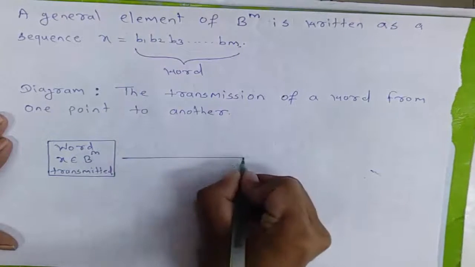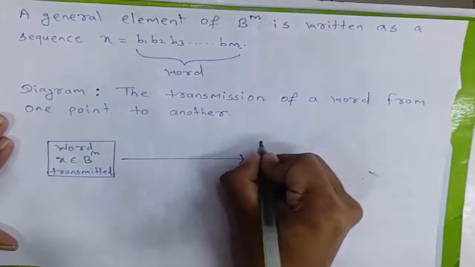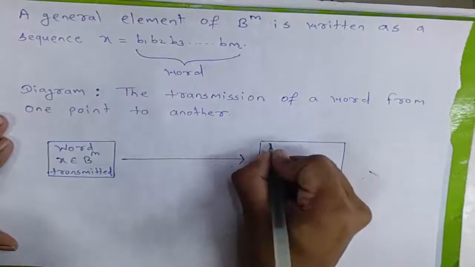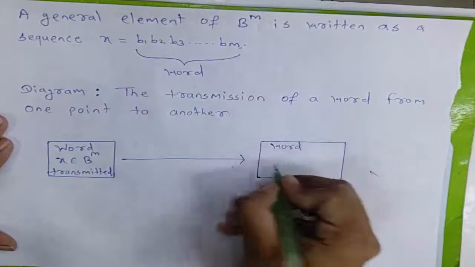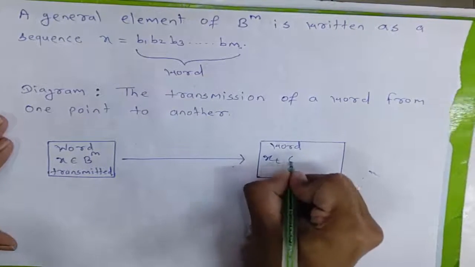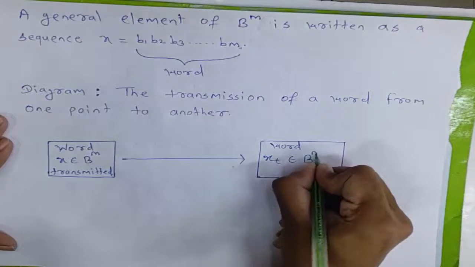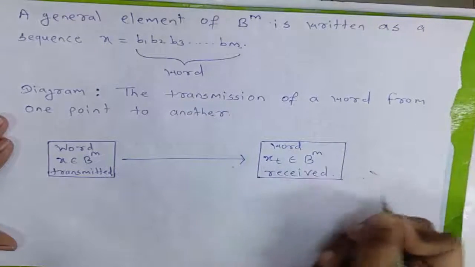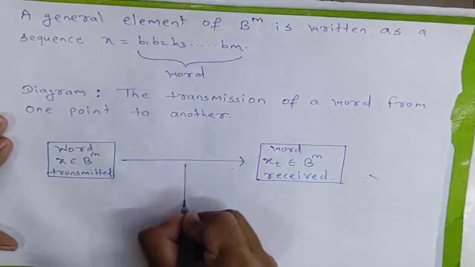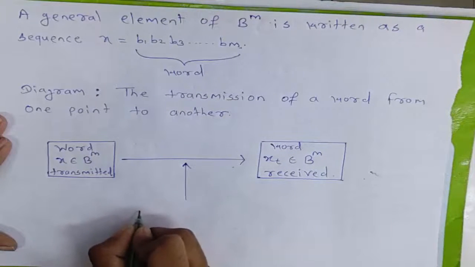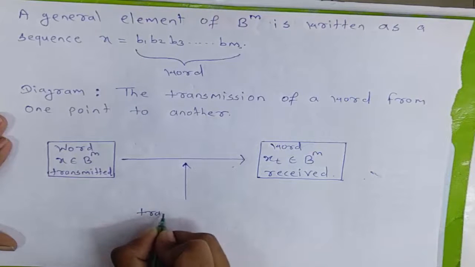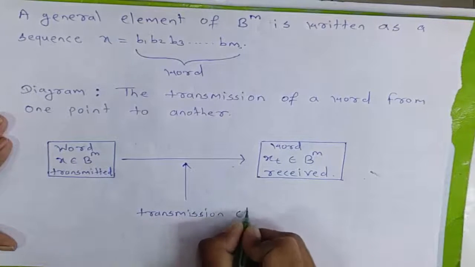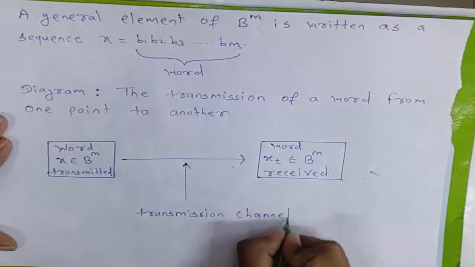Okay, so here, word xt belongs to B raised to m received, and this is the transmission channel.